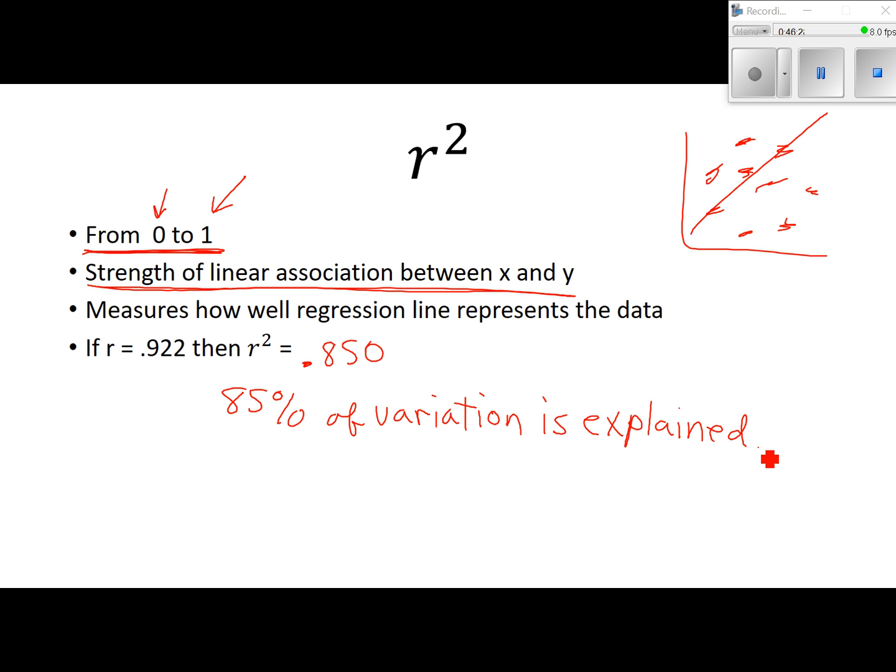And if 85% can be explained, then only 15% cannot be explained. So that's what R squared is. It's telling you the percentage of the variation, or of the variance, that can be explained.